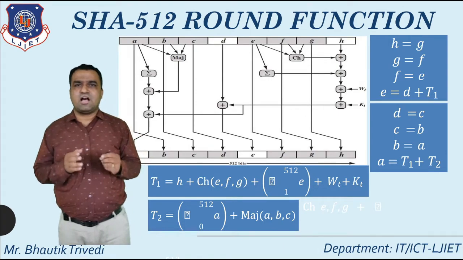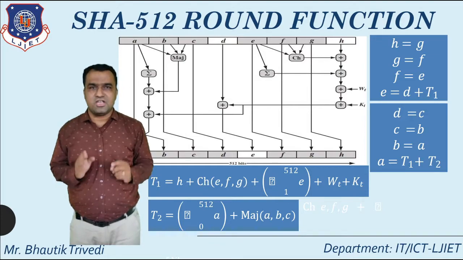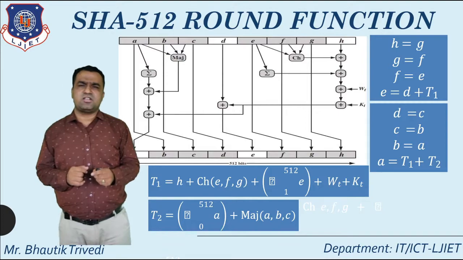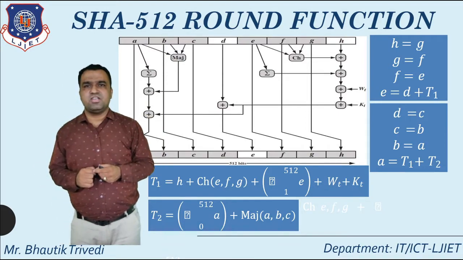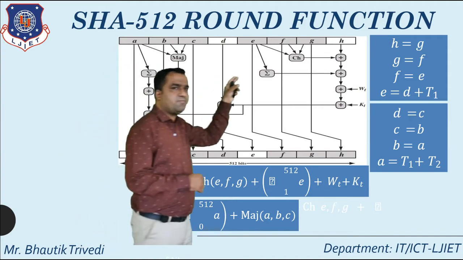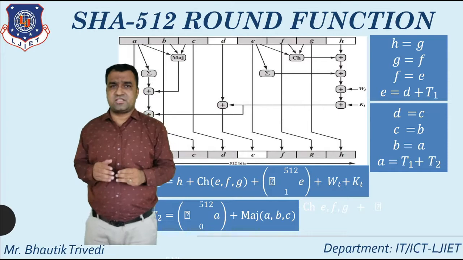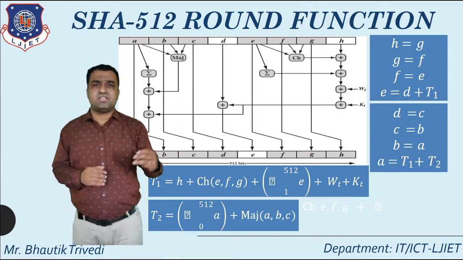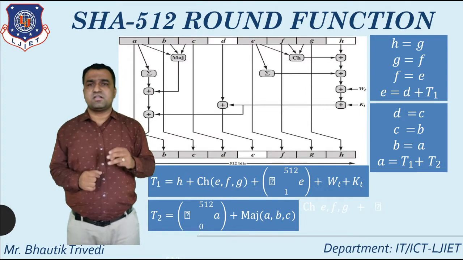Whatever output is generated can be considered T1. So the formula for T1, in the right corner of the diagram, is H plus Ch(E, F, G) plus Sigma 1 of 512 (E) plus Wt plus Kt.